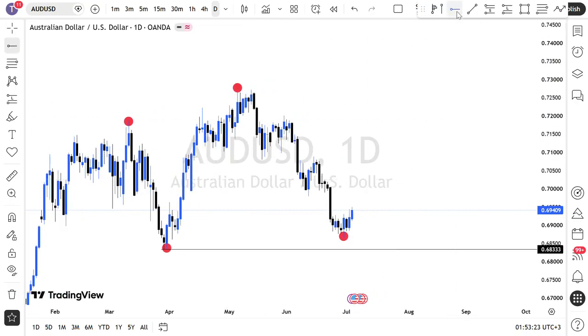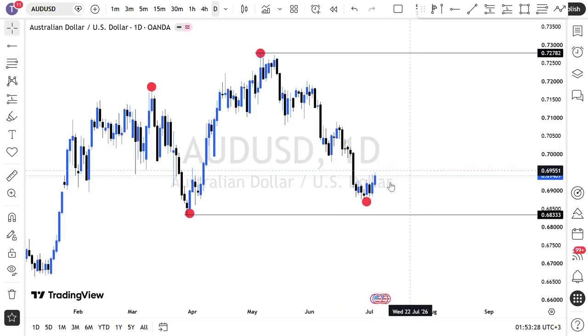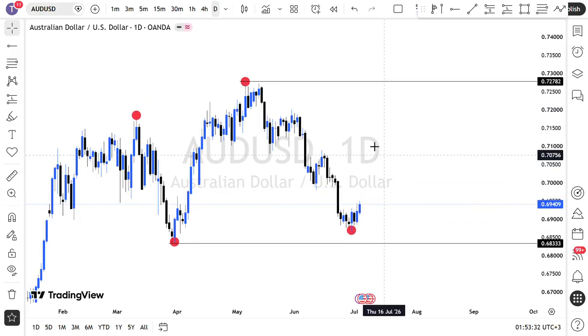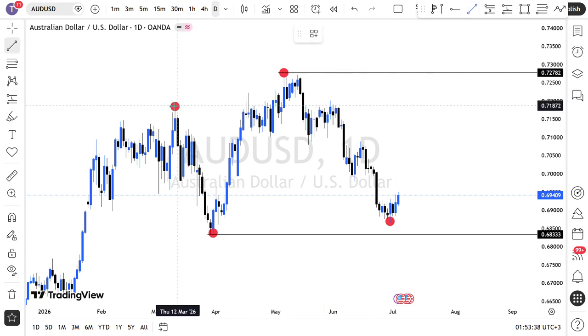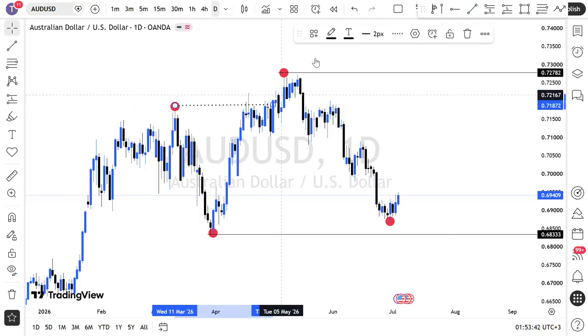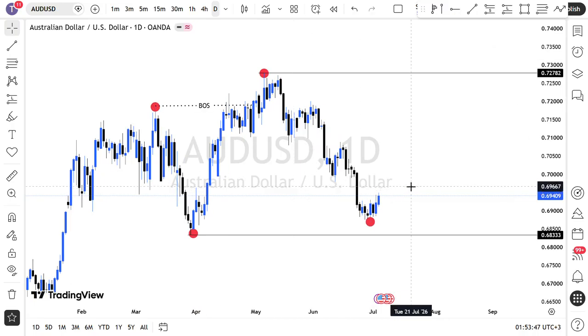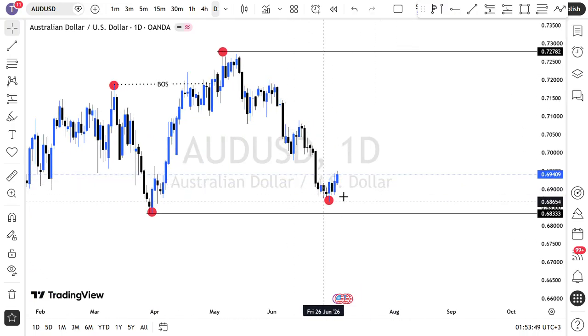We expect a new break of structure to the upside, and therefore we need to be looking for buying opportunities to target this external liquidity. If I mark that break of structure here on the other side so that we have a clear analysis, inside the lower time frame we need to see some confirmation before we take any buys to the upside.